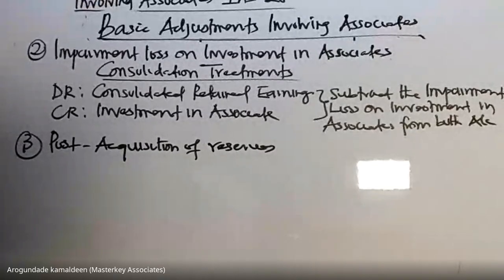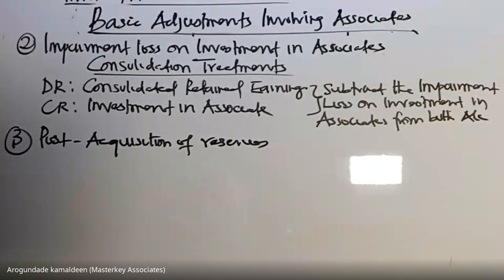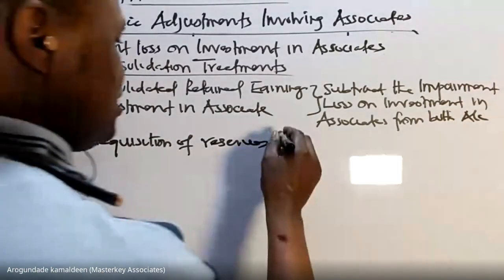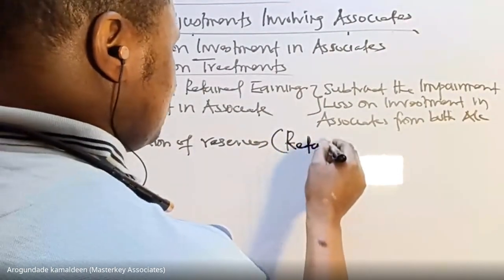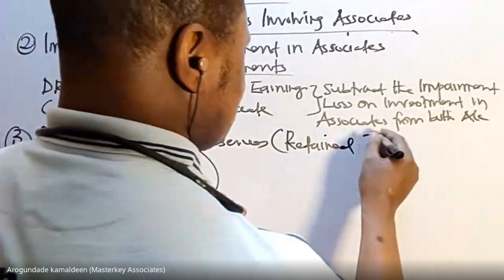What we are going to do is take whatever is our share from the associate. So one is the post-acquisition of reserves. Now, let's say here is the retained earnings.